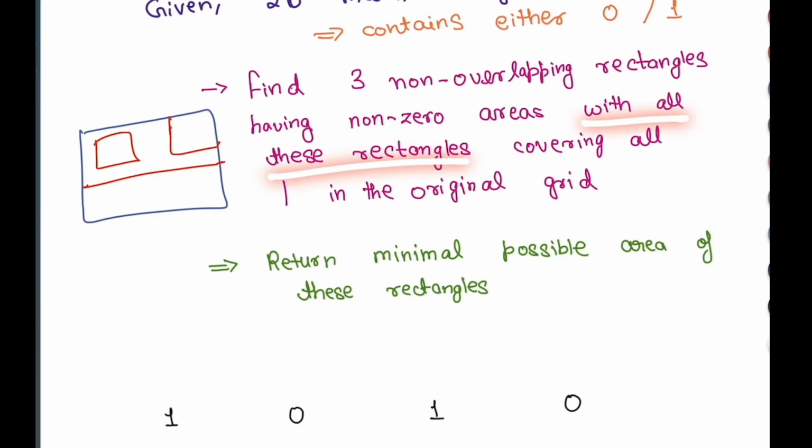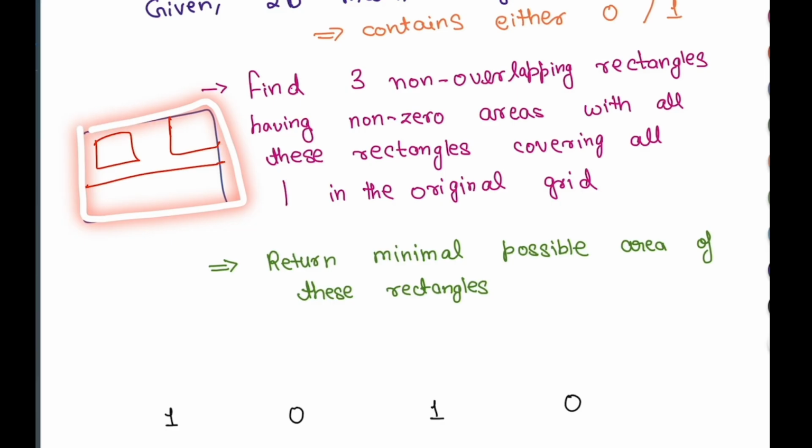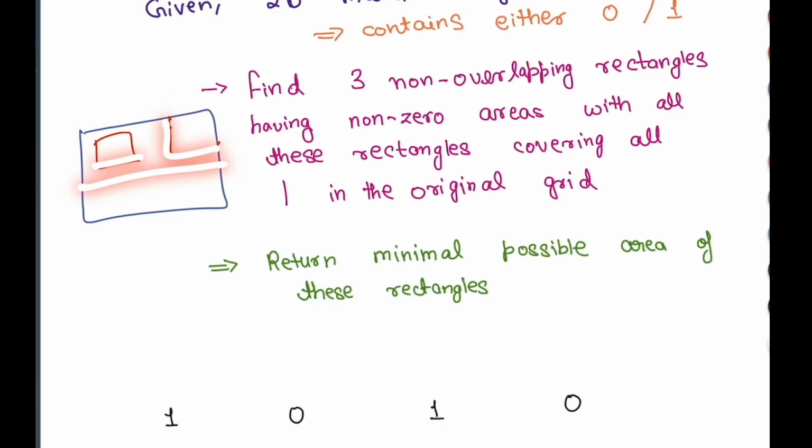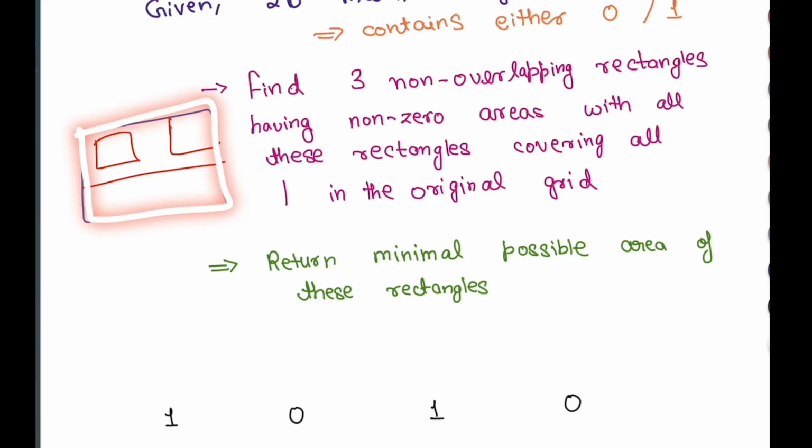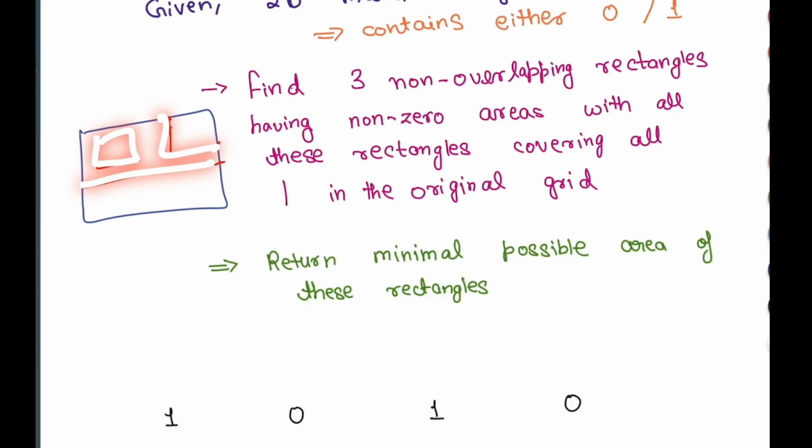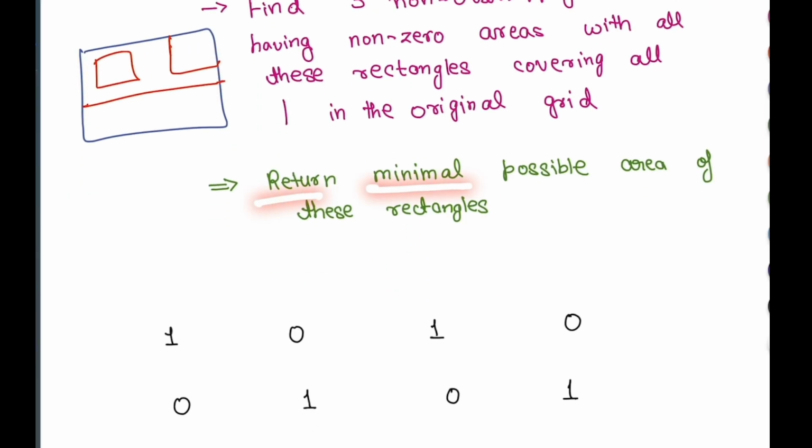And these rectangles should cover all the ones in the original grid, or basically in the original 2D matrix or 2D array. We need to ensure that these rectangles are covering all the different ones which are present in my 2D matrix. Once you are able to find these three rectangles which can cover all the ones, we need to return the minimal possible area of these rectangles.